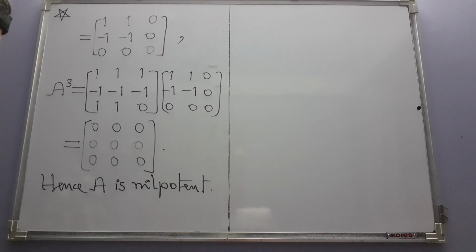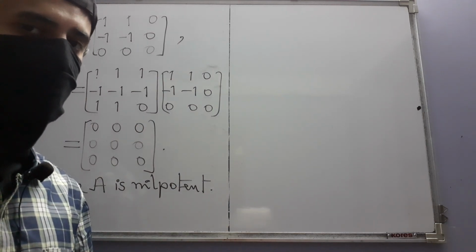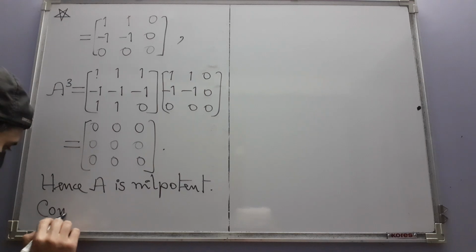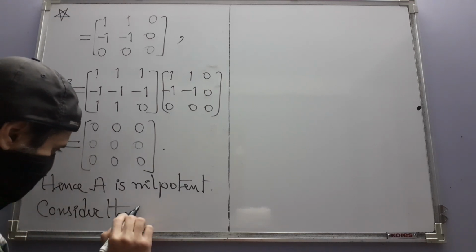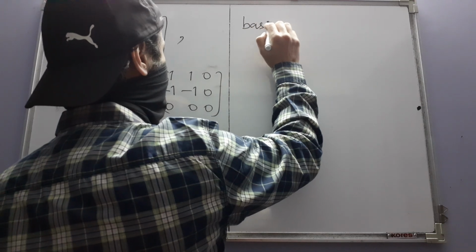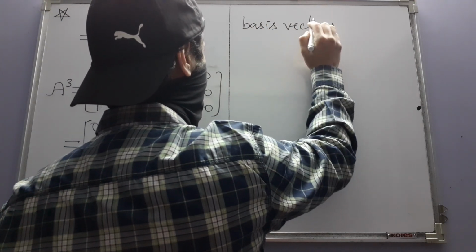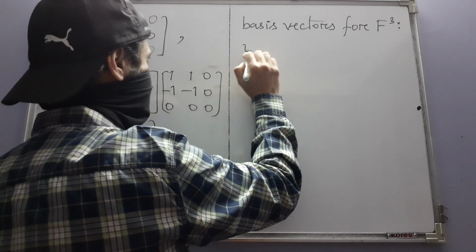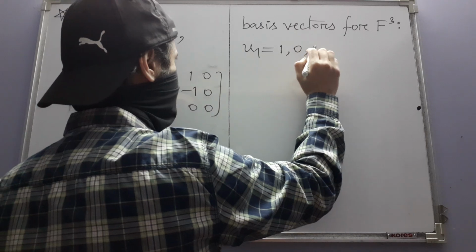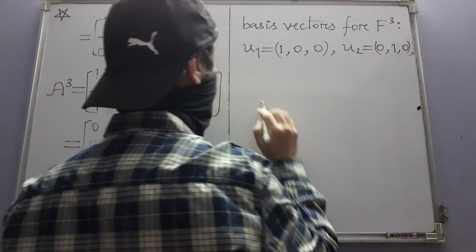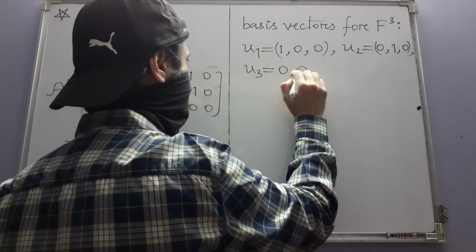There, if you remember, we started by considering the standard basis vectors of the vector space F3, which are these: 1, 0, 0, 0, 1, 0, and 0, 0, 1.